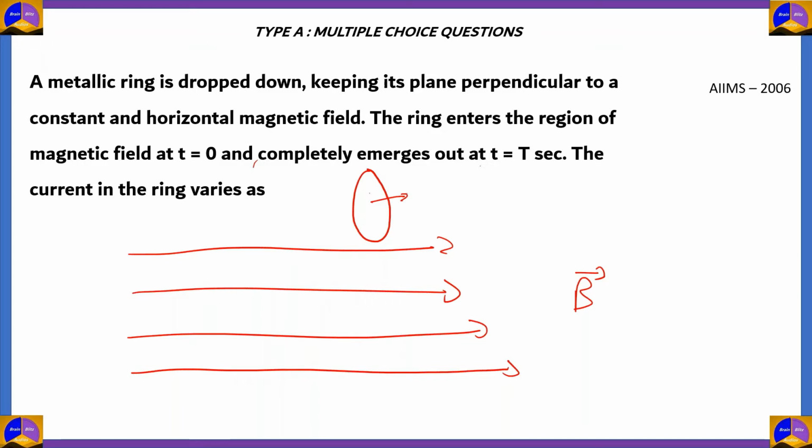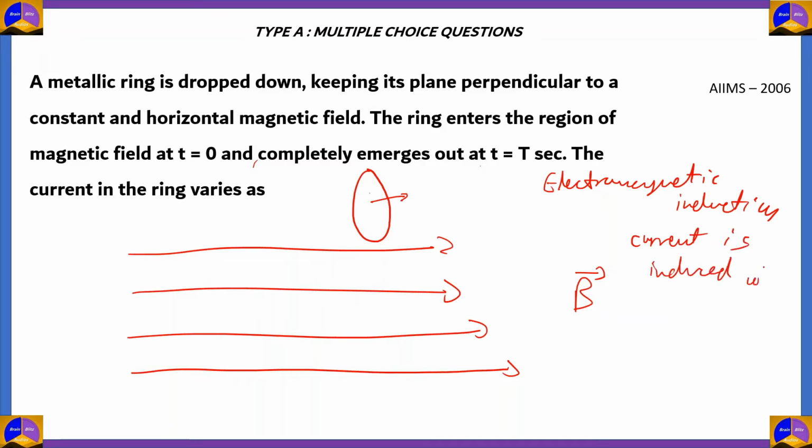So when it comes to electromagnetic induction, a current is induced when there is a change in flux.